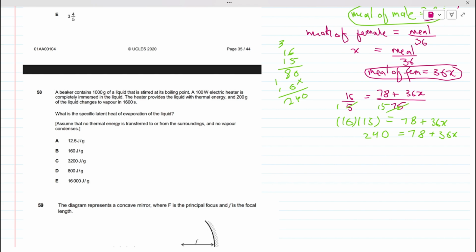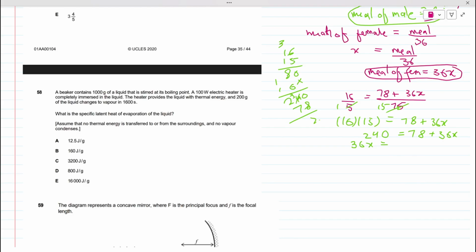78 is plus, here of course it would go there would be minus, right? So 36x is equal to 240 minus 78, which is 240 minus 78, right? 10 minus 8 is 2, right?